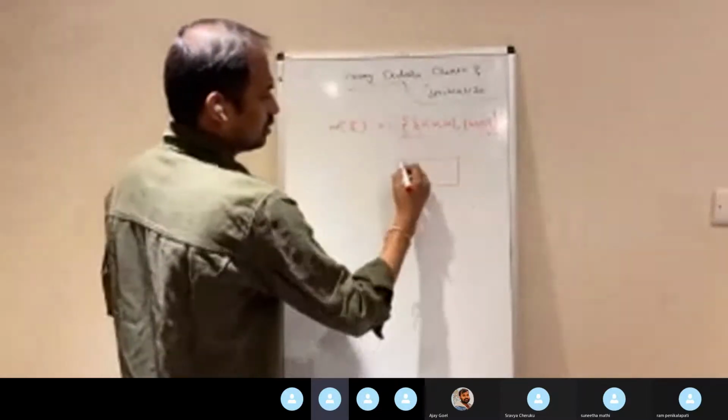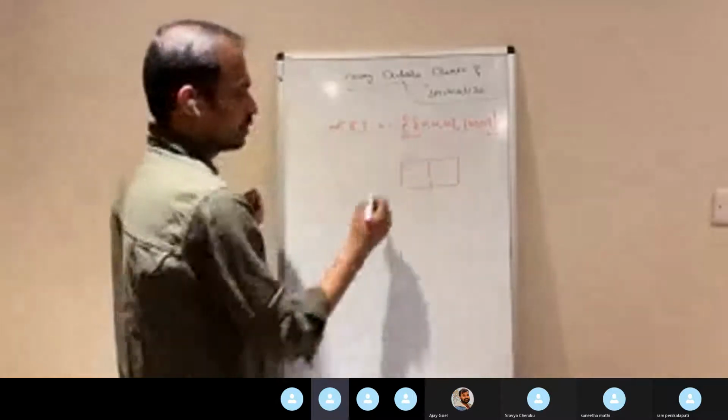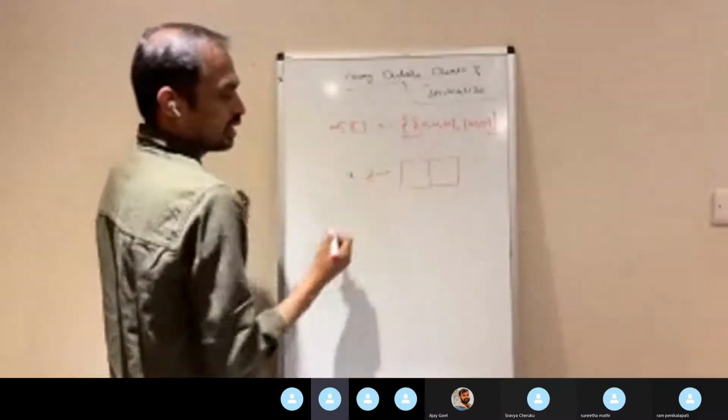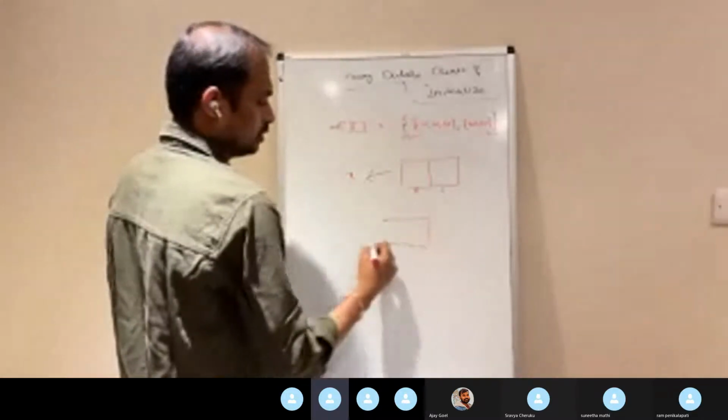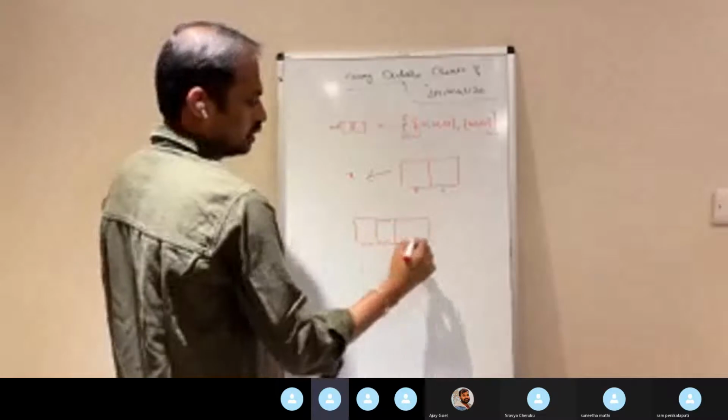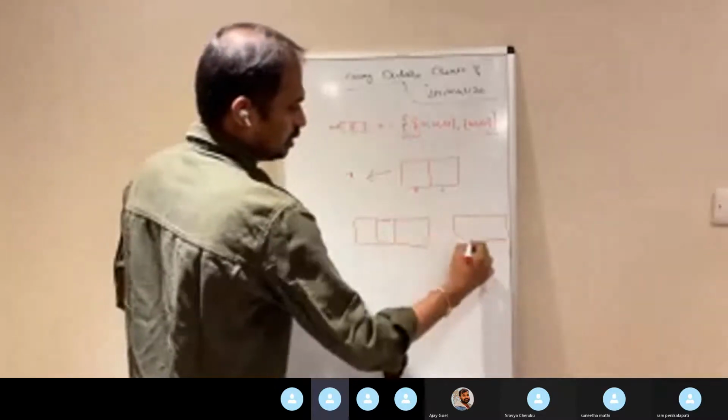So I have an array with index 2. x is the reference. This is 0, 1. Then 1, 2, 3, 2.